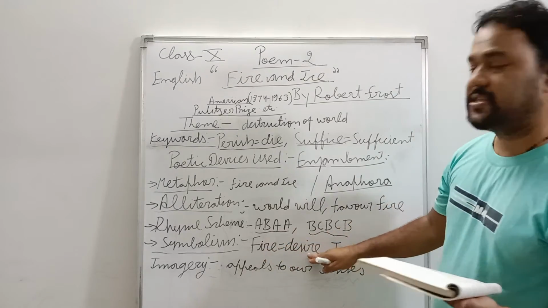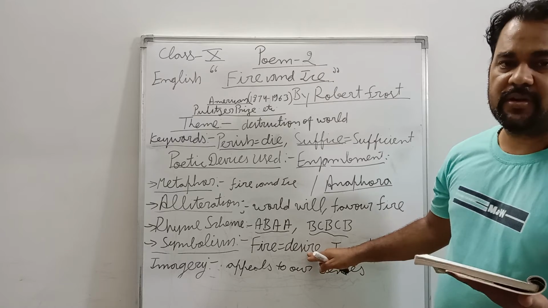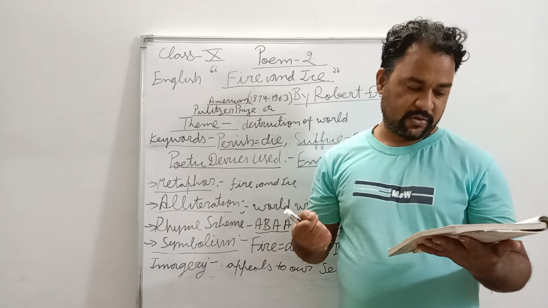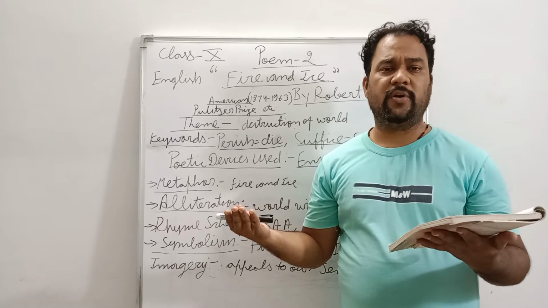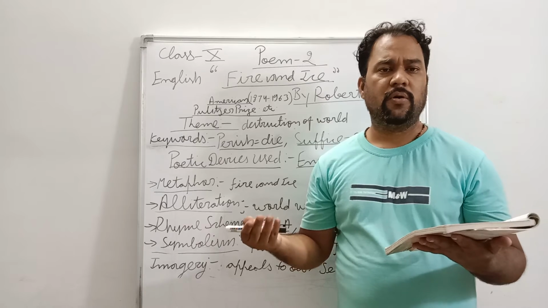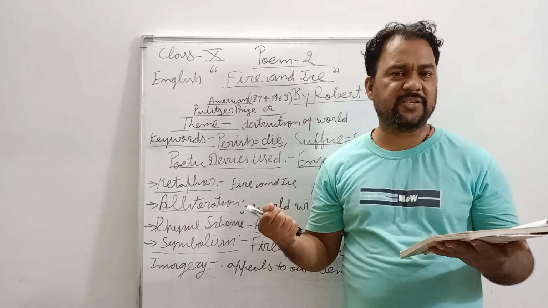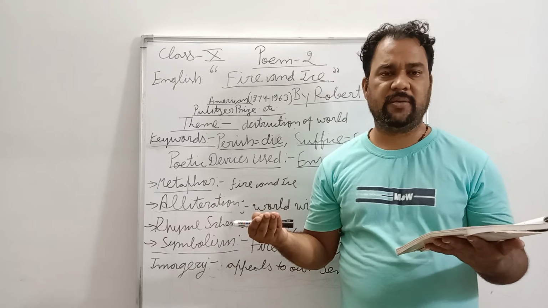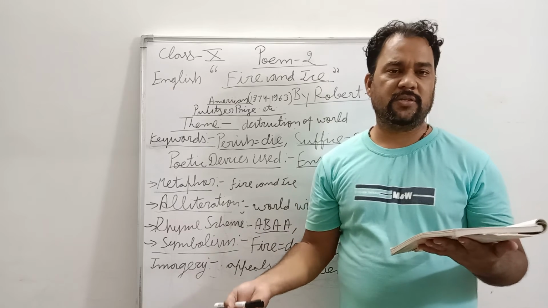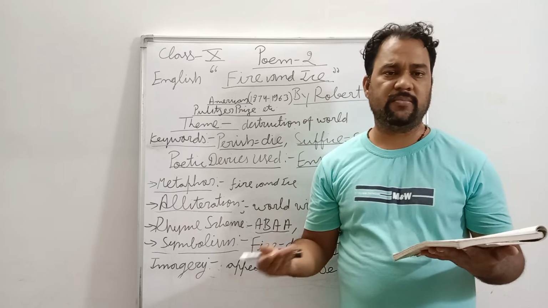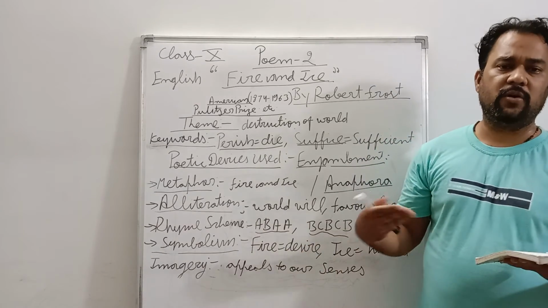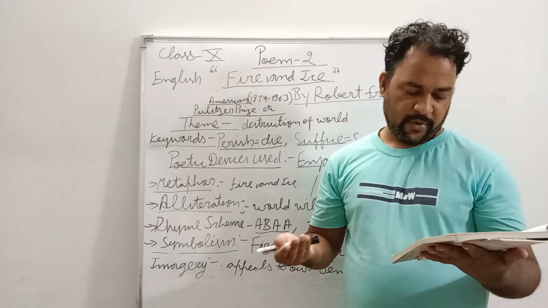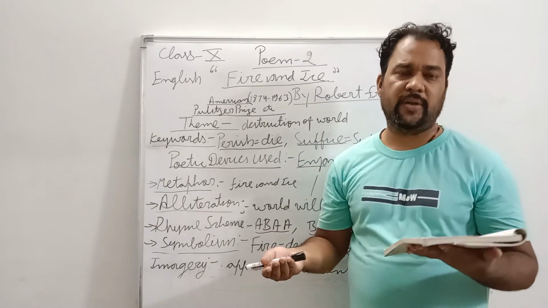Fire represents desire, madness, ambition of the people, and ice represents hatred, cold behavior, indifference of the people. If we look around the world, there are many people who are crazy and passionate. For example, Kim Jong is a crazy, ambitious man. If we talk about coronavirus, then somebody, some scientist or someone, did this, again why? Because of being indifferent to the world, because of insensitivity to human beings.